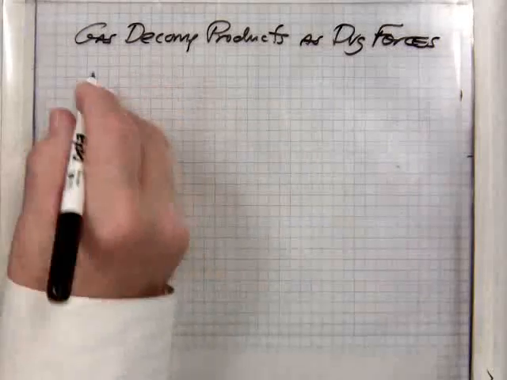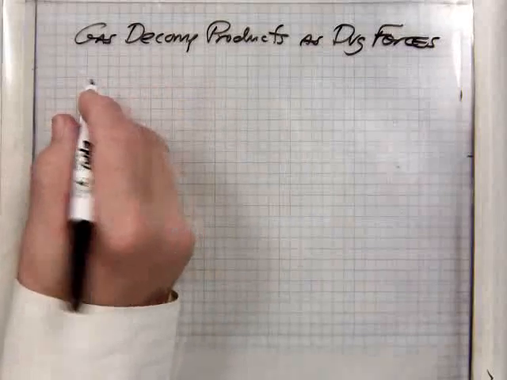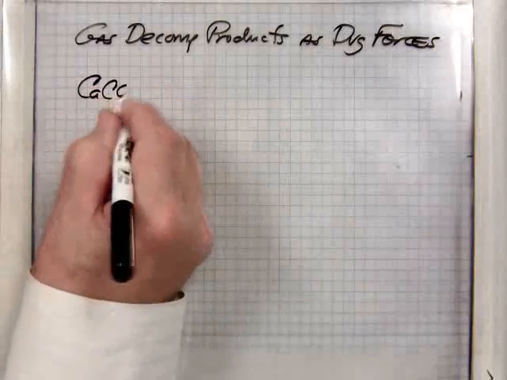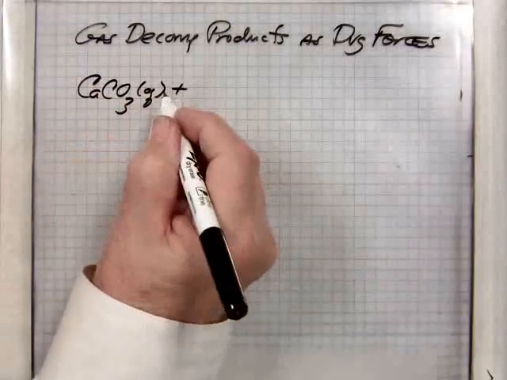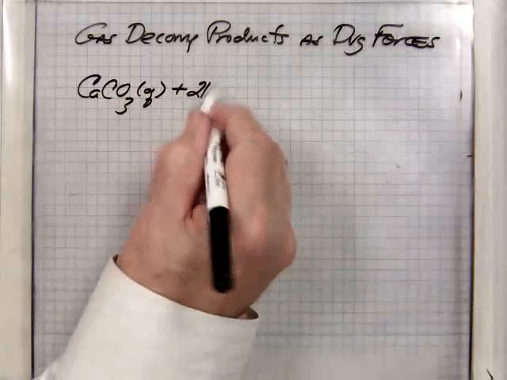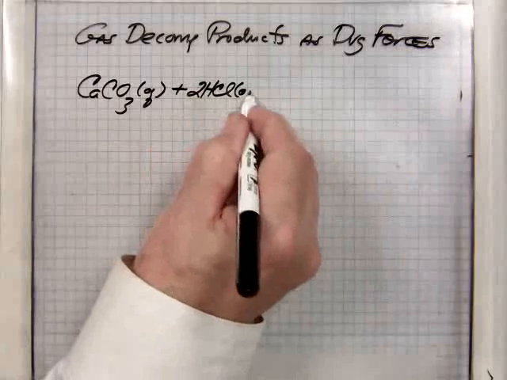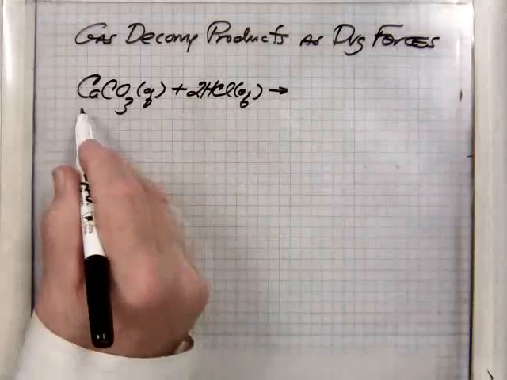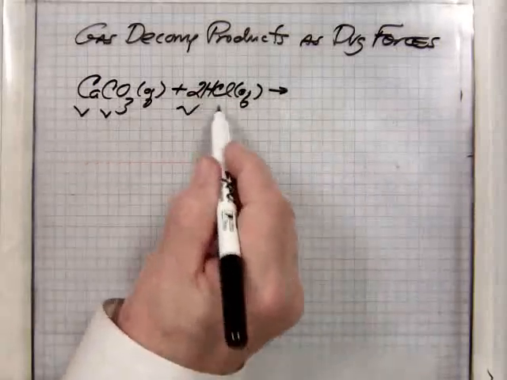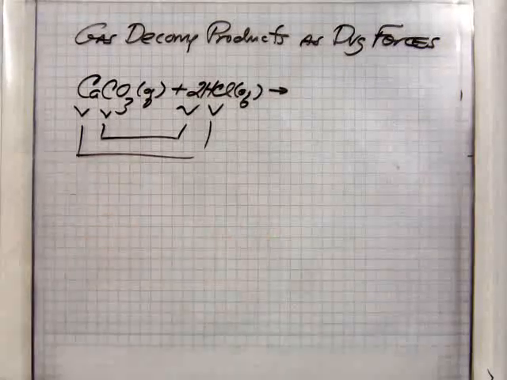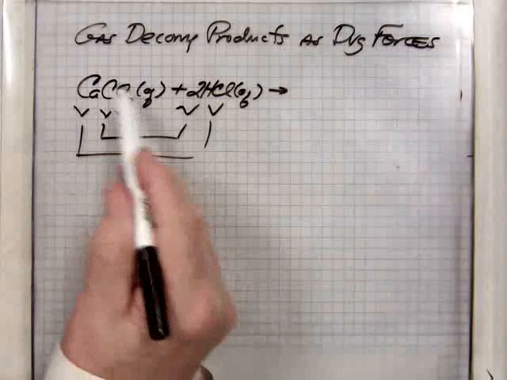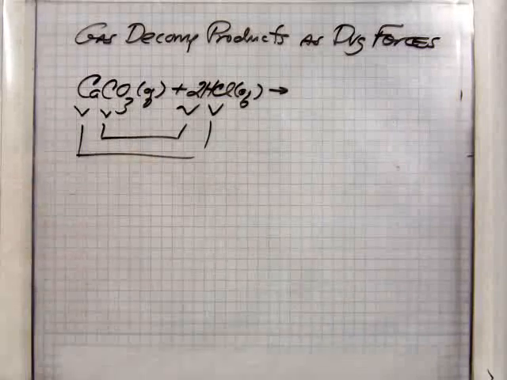For example, I'm showing the calcium carbonate, aqueous, plus the HCl aqueous, goes to, well, you've got the AXBY exchange, just like we've shown you. And so the hydrogen hooks up with the carbonate such that the sum of charges equals 0, just like we've been trying to teach you.